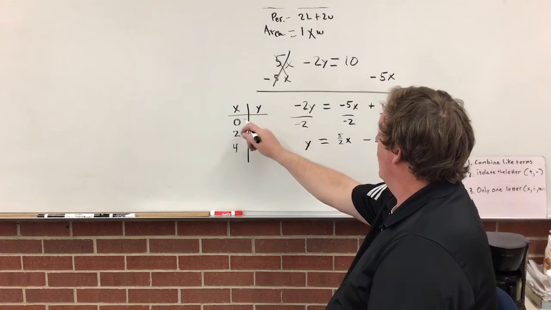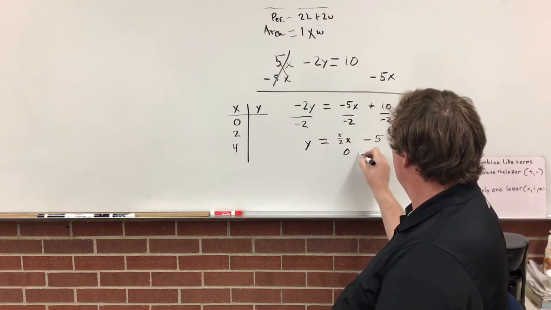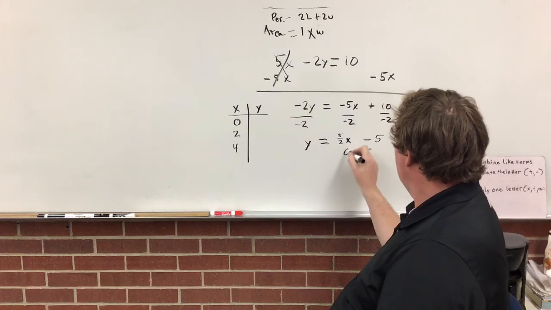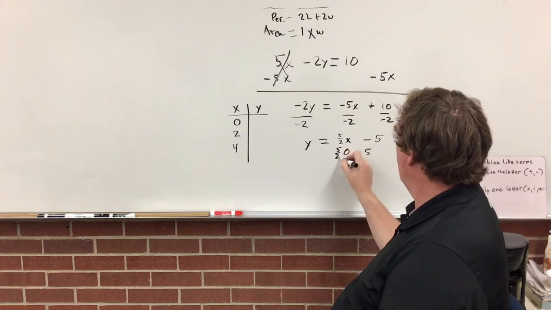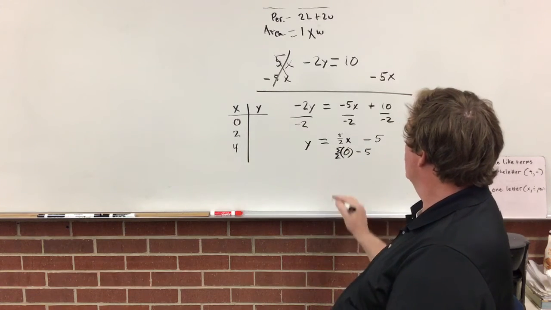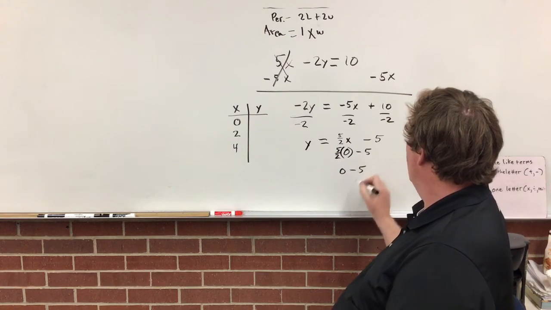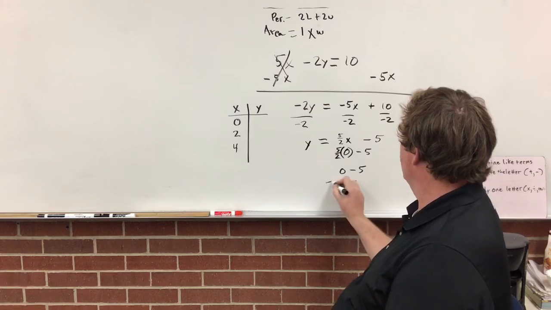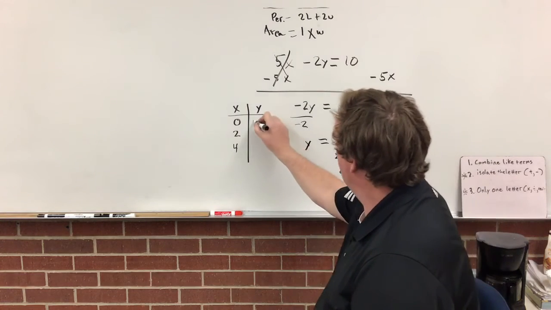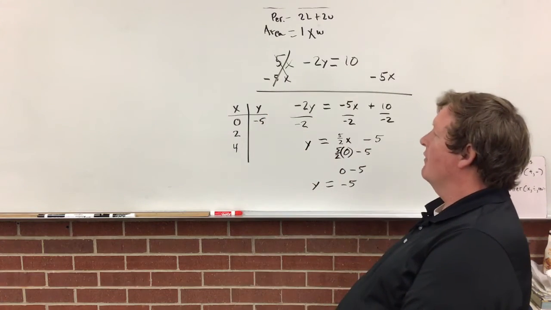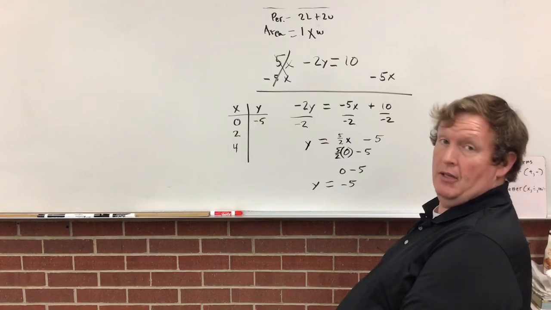All right, so if x is 0, if I substitute in that, 5 over 2 times x still gives me 0, and 0 minus 5 ends up giving me y equaling -5. So the first one, if x is 0, y is -5.